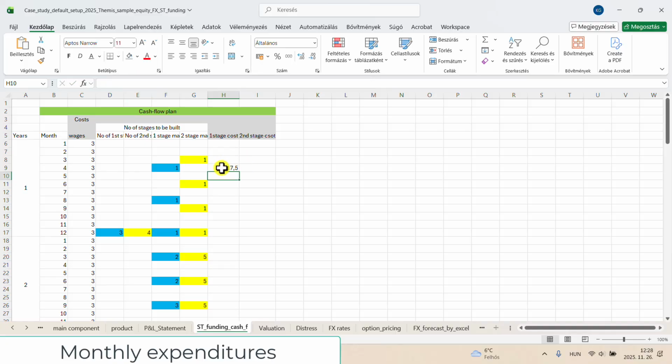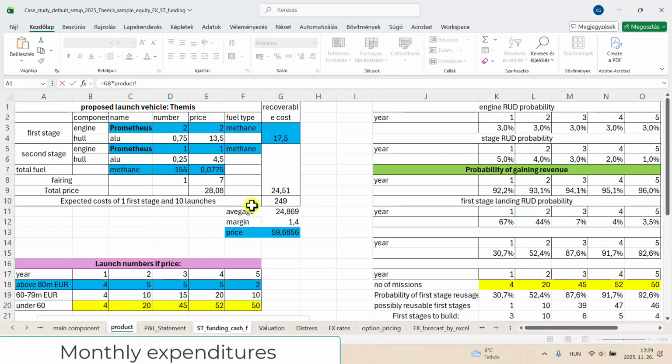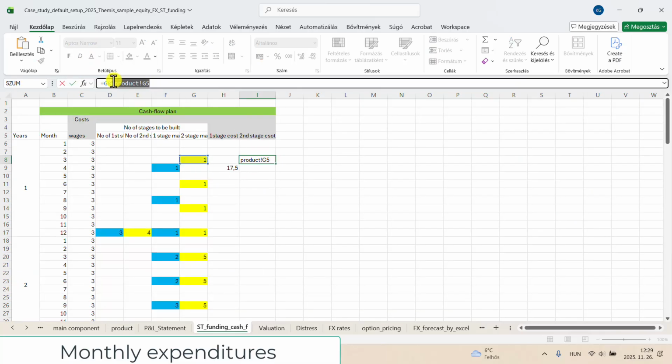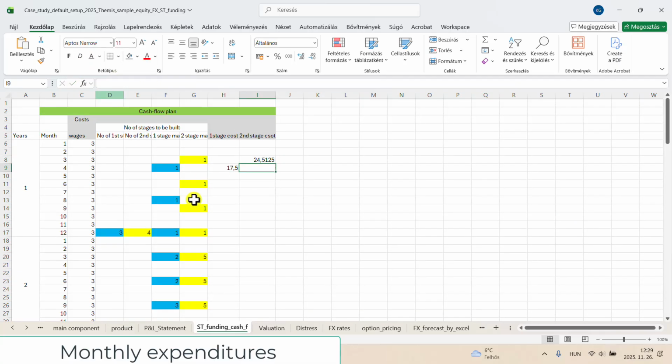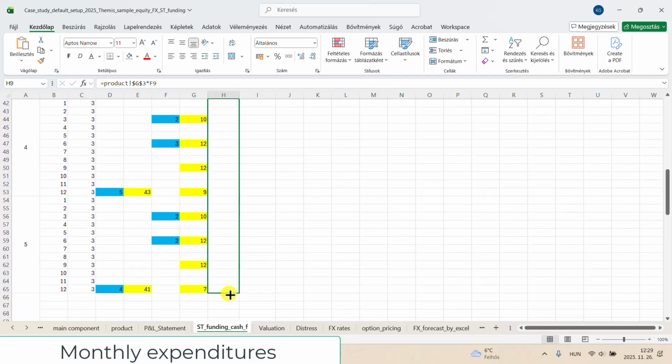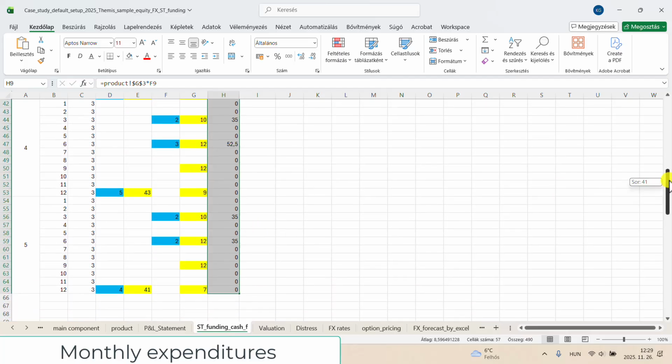So let's connect it to here. Again, this one is multiplied by the product recoverable costs. Let's fix them here. And after that, we just have to scroll down, because if it doesn't find any data, then it will be just 0.